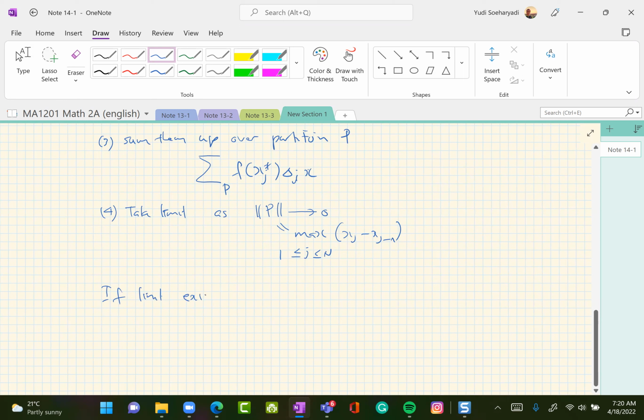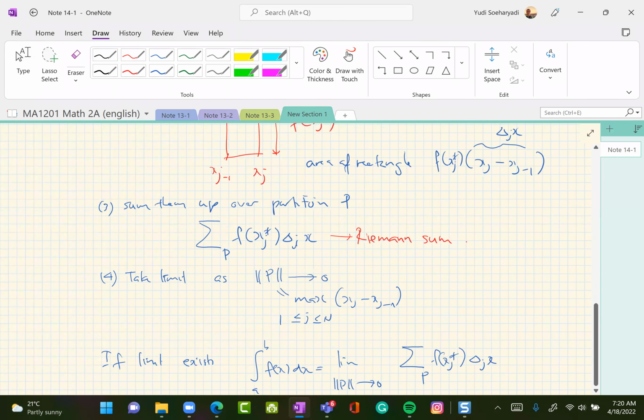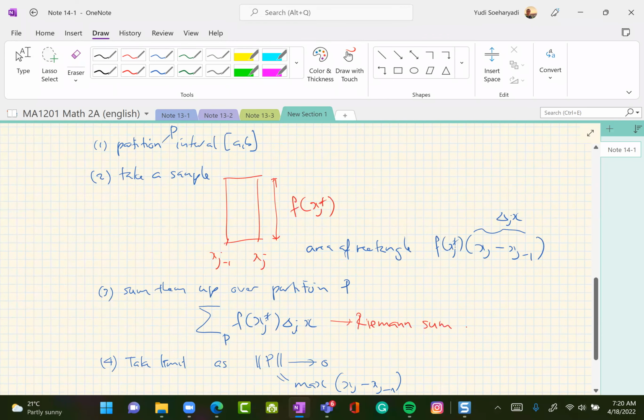If limit exists, then this is called the integral, the limit of this Riemann sum. Okay, so this is the process basically. Partition, take sample, sum them up, take limit.